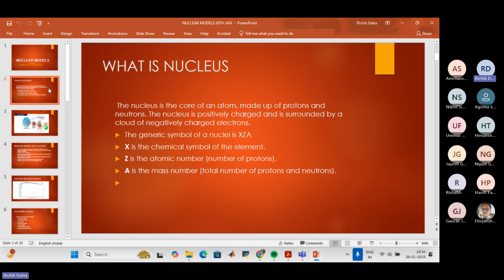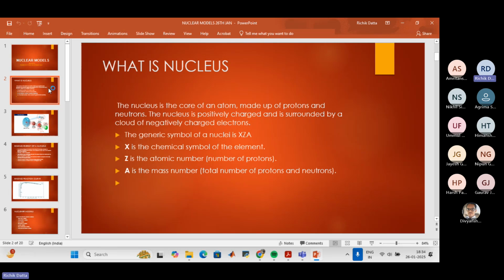They are surrounded by a cloud of negatively charged electrons. So the nucleus is positive and the revolving electrons are negative, so that both charges make the atom neutral. There are also many excitation energies, but that is another issue.